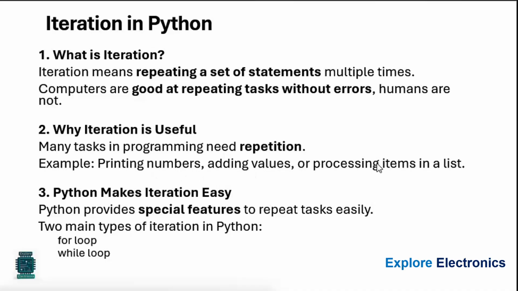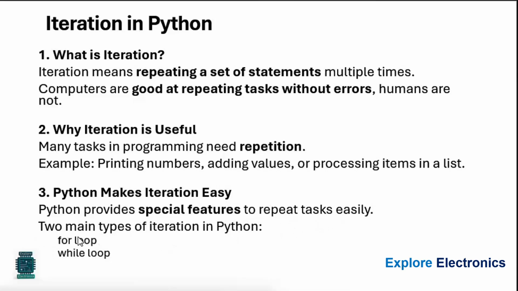These are all repetition tasks which are done by the computer using iteration, and it will run without error. Python also makes iteration easy. Python provides special features to repeat tasks easily.